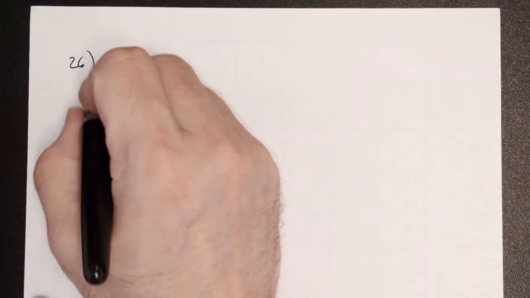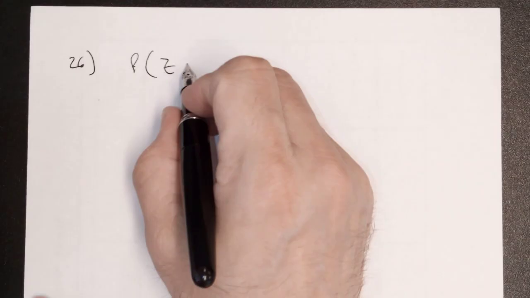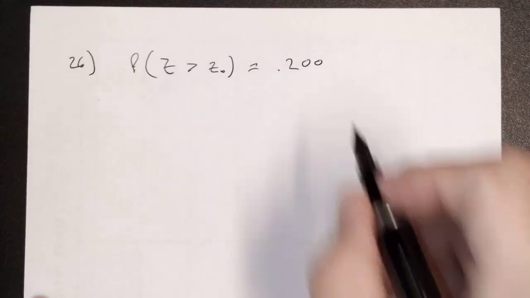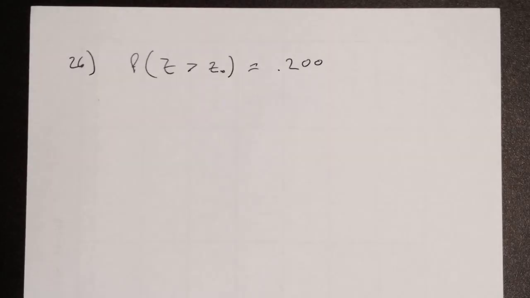So really, I'm asked for what value of z is the probability that I get a score greater than that number equal to 20%. How do I find z0?